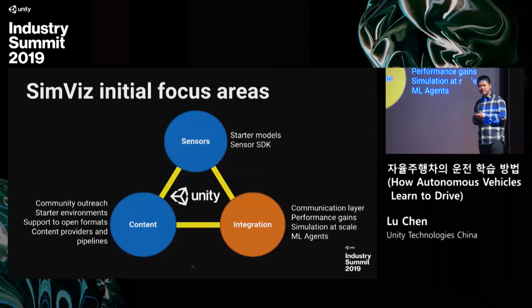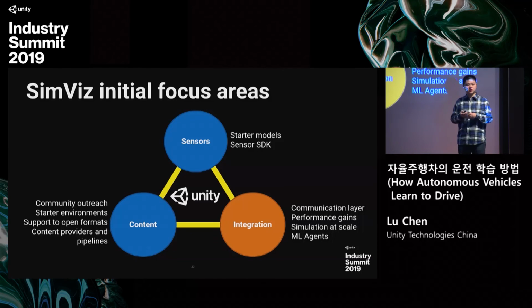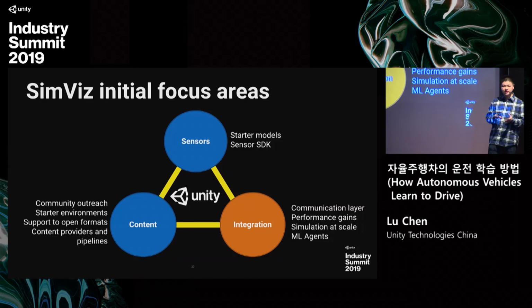For integration, we always want to solve the problem of how we can connect Unity to the autonomous vehicle ecosystem. For example, we support the ROS link, and we support the OpenDRIVE format, to make it easier to connect Unity and Unity data to existing solutions or software in the autonomous vehicle industry.